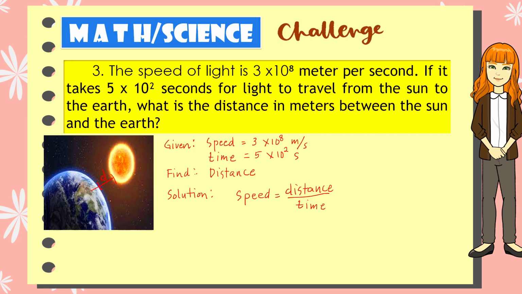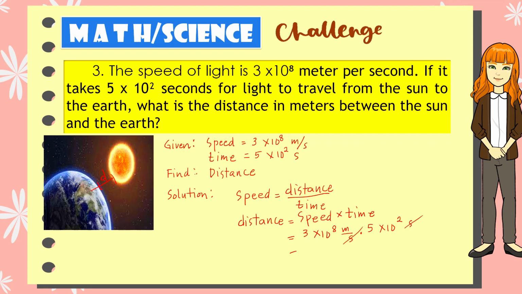So by using cross multiplication, you will have speed times the time. Substituting the value of speed as 3 times 10 to the 8th meter per second times 5 times 10 to the 2nd power seconds. So, cancel out the unit seconds.